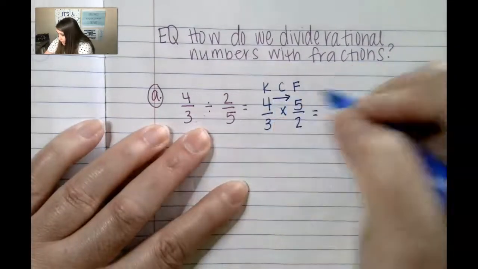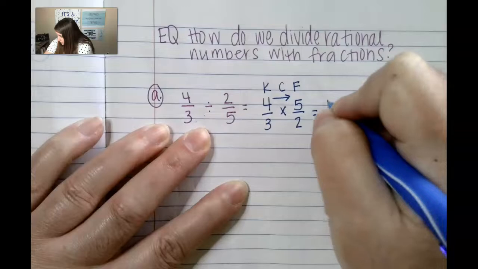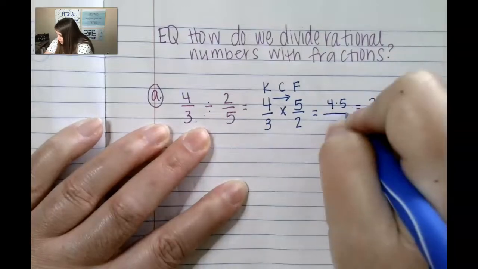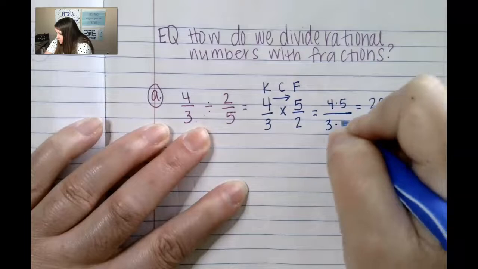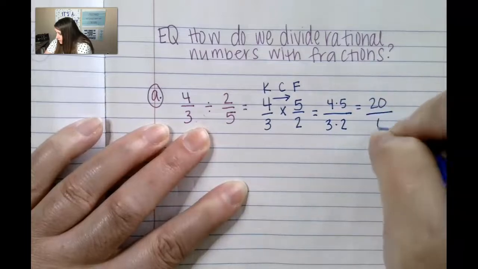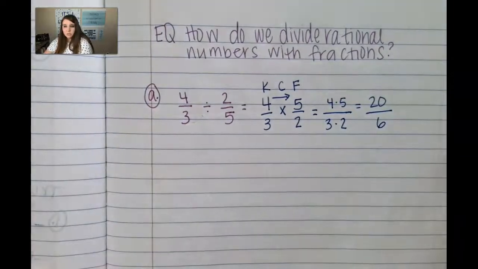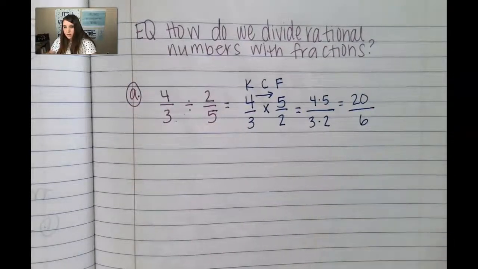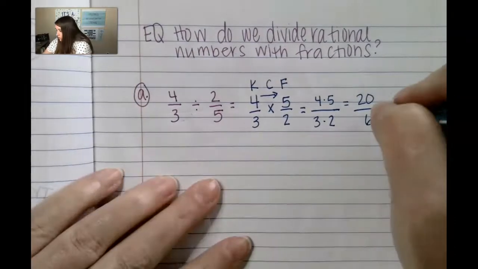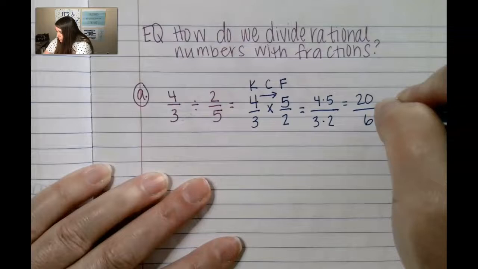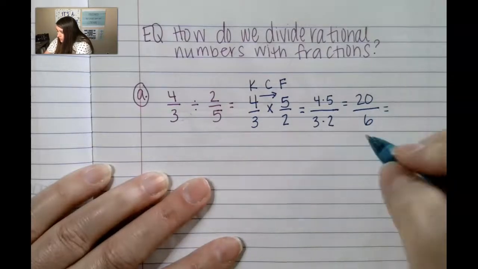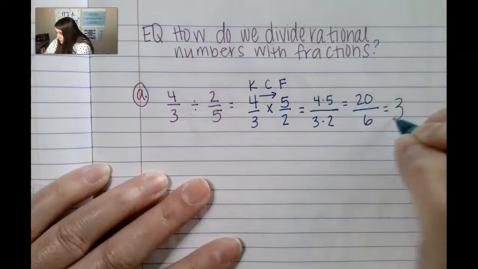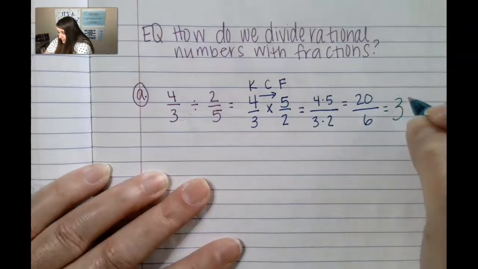So 4 times 5 is 20, and 3 times 2 is 6, and then we just reduce down. So our answer that we have is 20 divided by 6, and we just need to reduce now, and 6 can go into 20 about 3 times, which gives us 18.